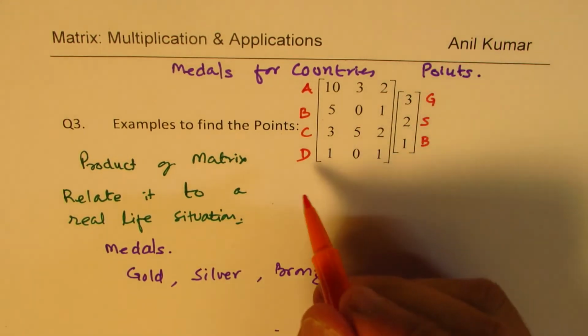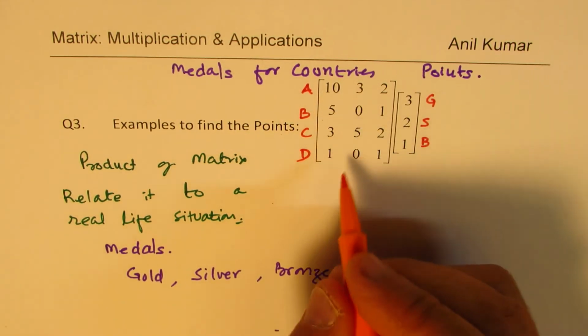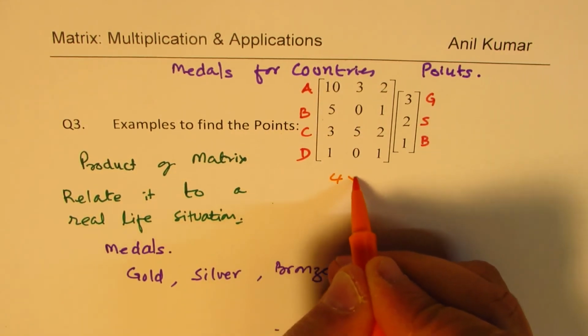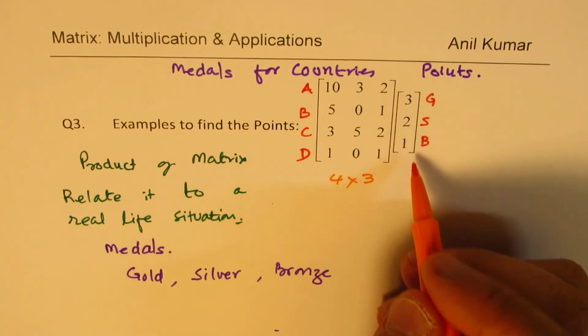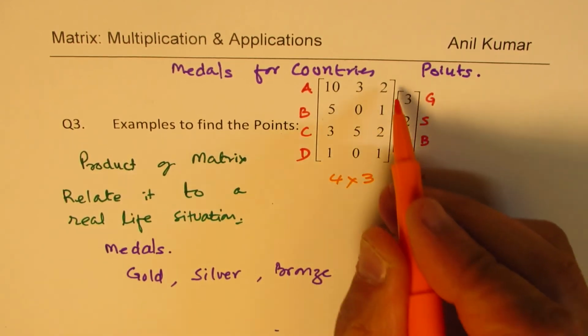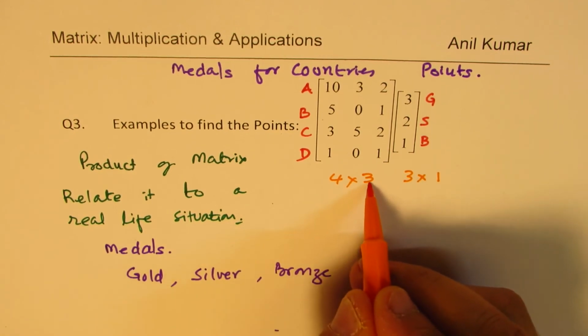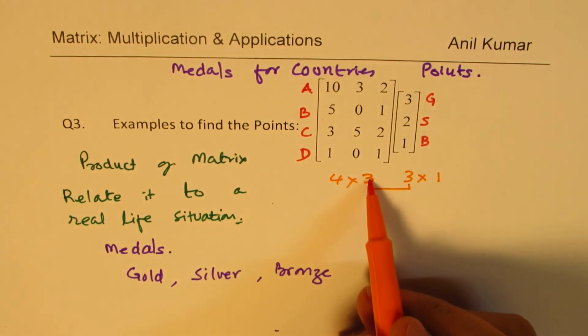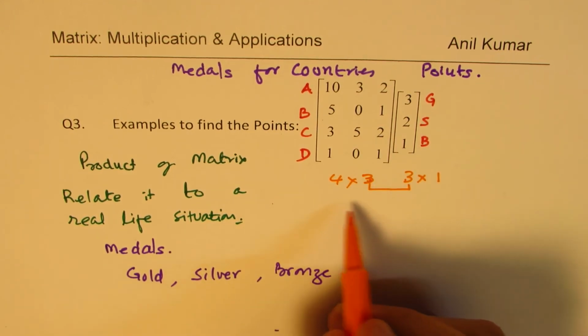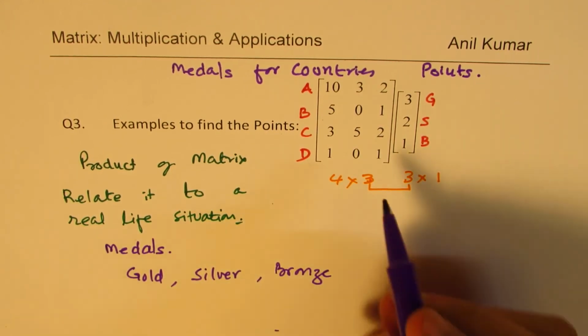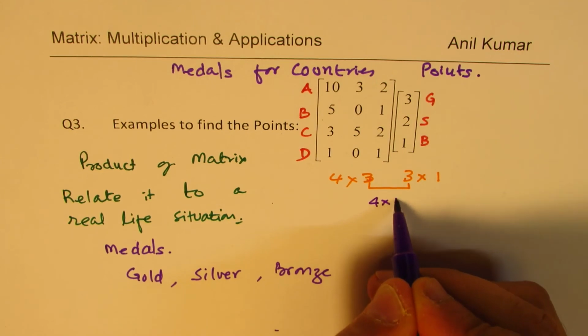So what you notice here is that we have 4 rows at present with 3 columns. On the other side, we have 3 rows with 1 column. So when you multiply, we can multiply since the columns and rows are matching for these matrices. So the result will be, of course, 4 by 1.